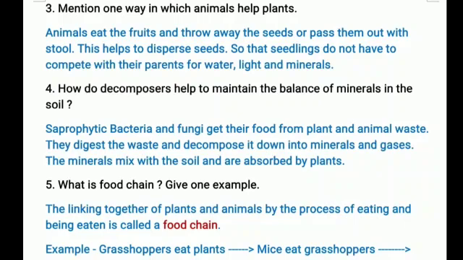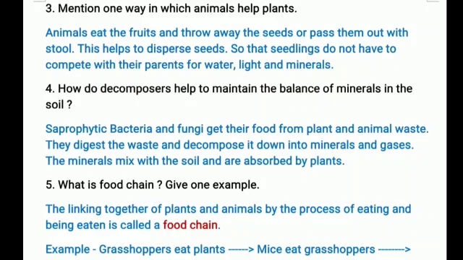This helps to disperse the seeds so that seedlings do not have to compete with their parents for water, light and minerals.